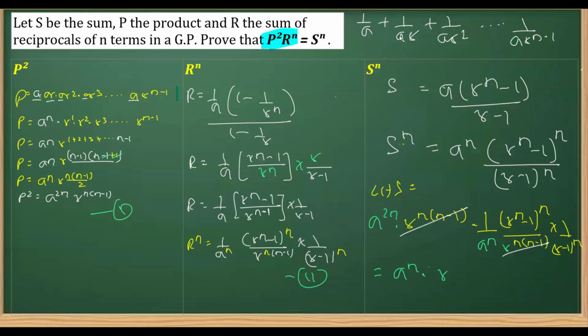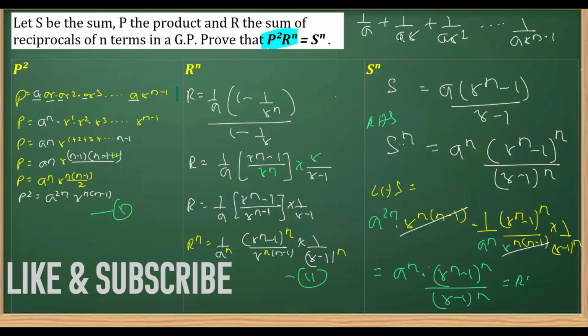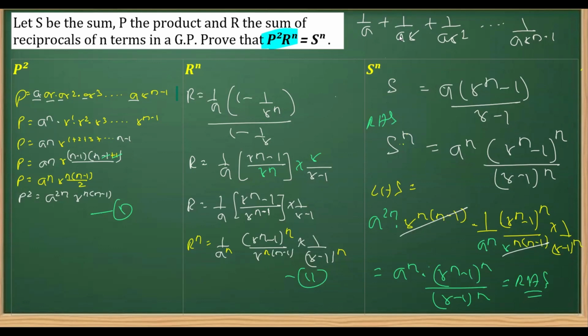Then we are left with r raised to the power n minus 1 raised to the power n from here over r minus 1 raised to the power n. Now check. This is the same as this. This is our RHS and this is our LHS. So we got LHS equal to RHS, a raised to the power n bracket r raised to the power n minus 1 whole raised to the power n over r minus 1 raised to the power n. This is how we'll do this question.